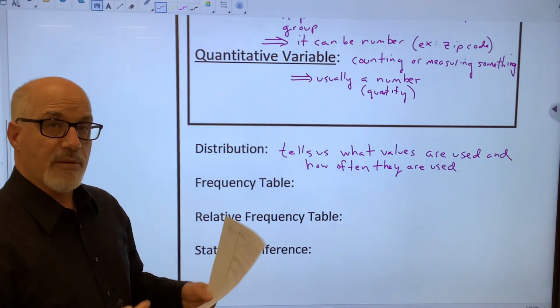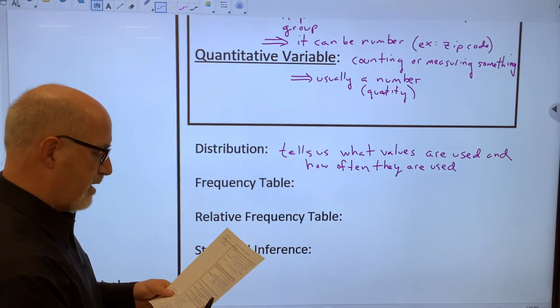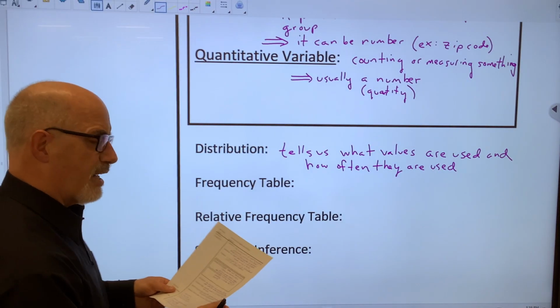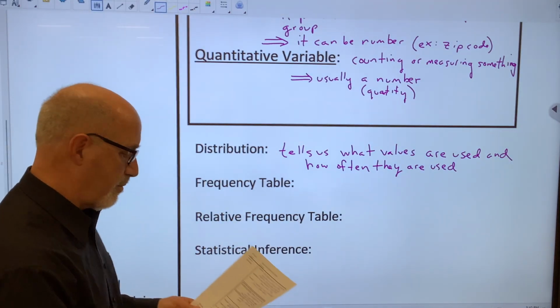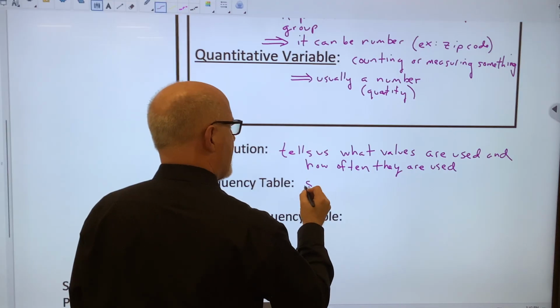A frequency table now will help us to start summarizing information about it. So a frequency table is just how many of something. It shows the number of individuals having each value.